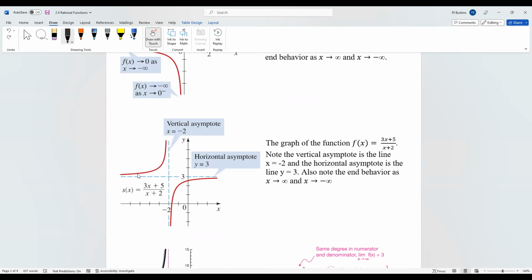So what does the y value do as we approach this line? Well, from the left, it's going off unbounded to infinity. If we're looking from the right, as we come in towards x equals -2, this goes off to negative infinity. Okay, so that creates a vertical asymptote.